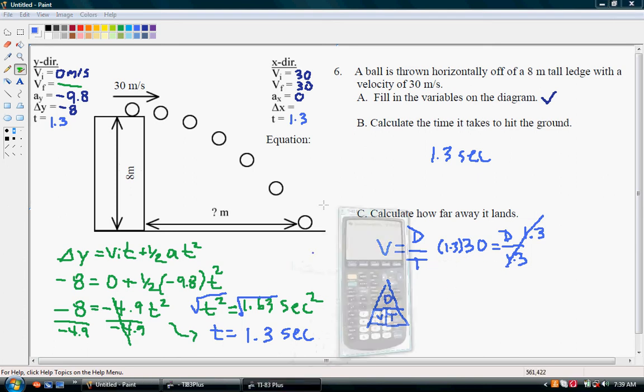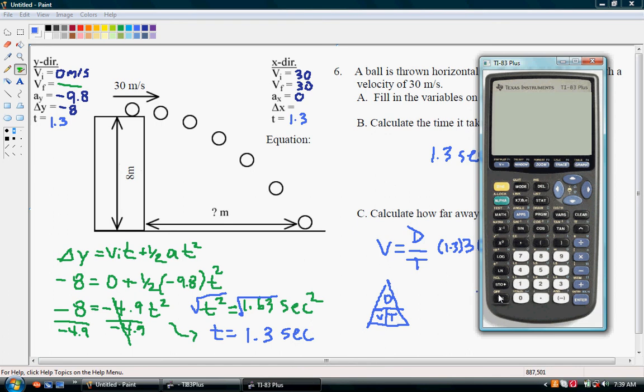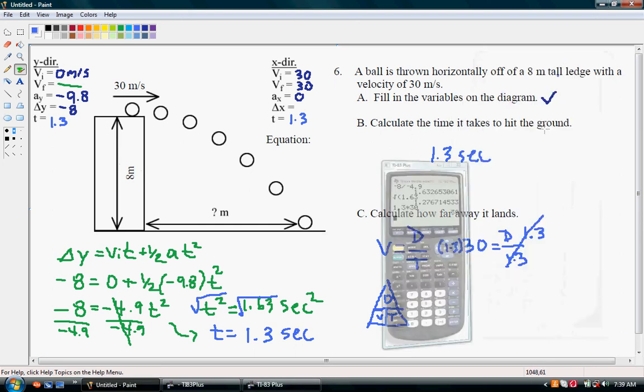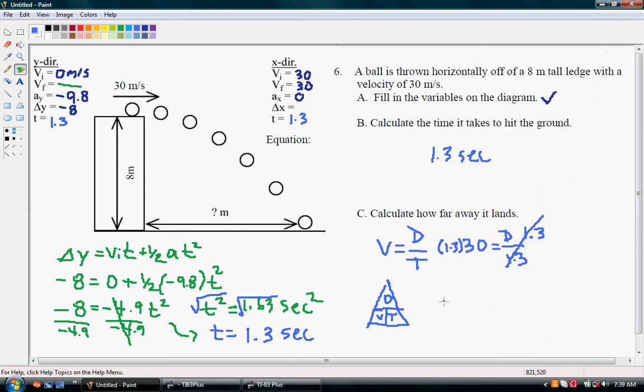So we grab our calculator and we multiply 1.3 by 30, and we get 39 meters. So we know that this object traveled a distance in the x direction of 39 meters. And we're done.